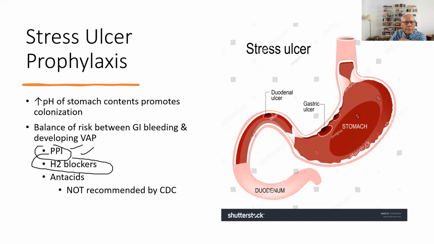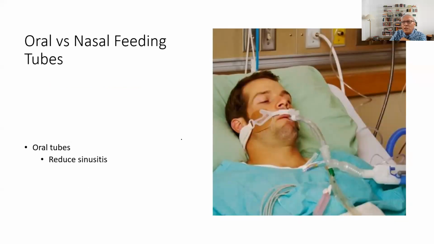And one last thing, remember when patients are on ventilators, we usually insert a feeding tube. And so the usual way in which we introduce the tube is through the nose.